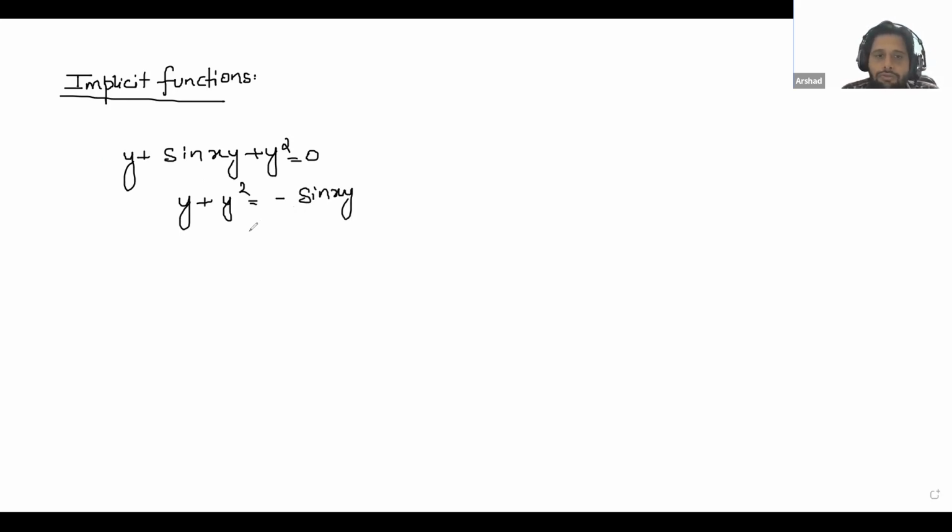So here it is not possible to write y completely in terms of x. Such functions are called implicit functions.